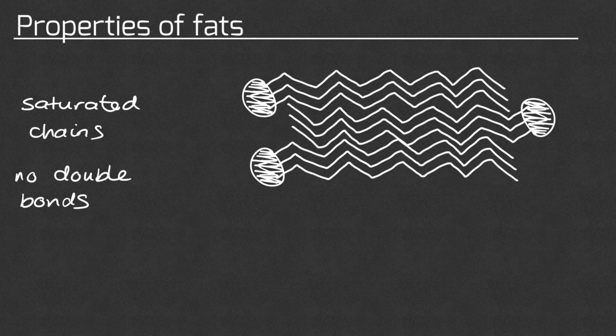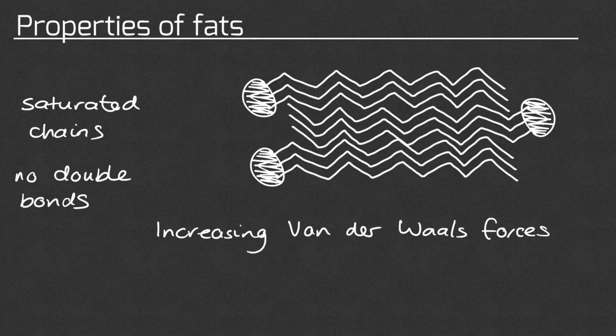Because the chains don't have any double bonds, the chains will fit neatly together, so we can stack the molecules quite nicely on top of them. Since the molecules fit nicely together, they're nice and close, this means we're going to have strong van der Waals forces between the different fat molecules.